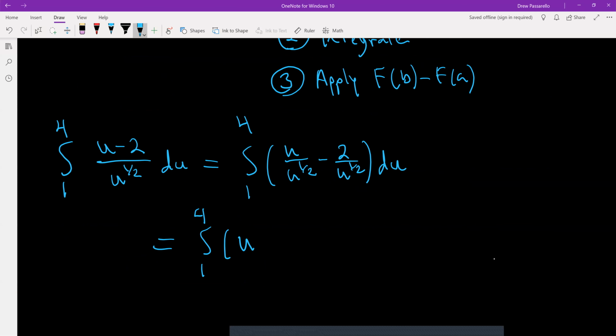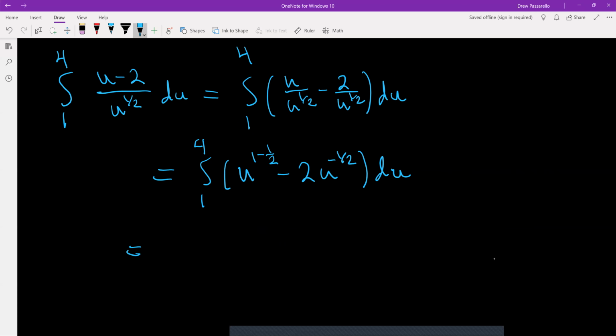So that's 1 minus 1/2. And then for the minus 2 over u to the 1/2, I want to bring u up to the numerator. So you can do that by changing it to 2u to the negative 1/2. And I'm doing that so I can use the power rule.